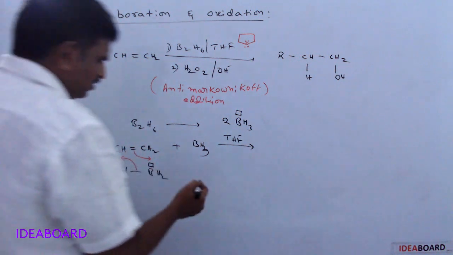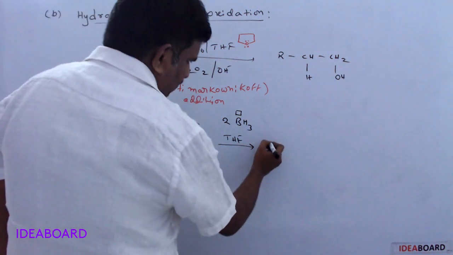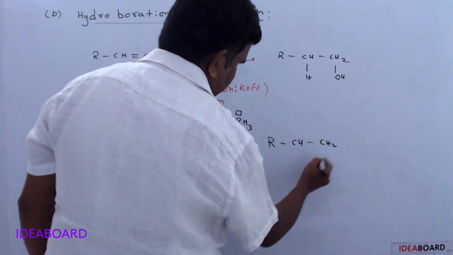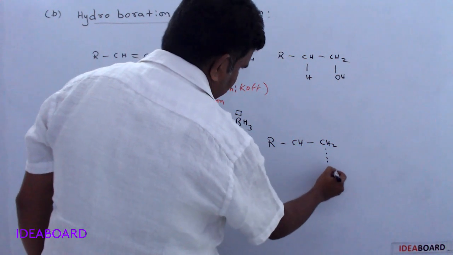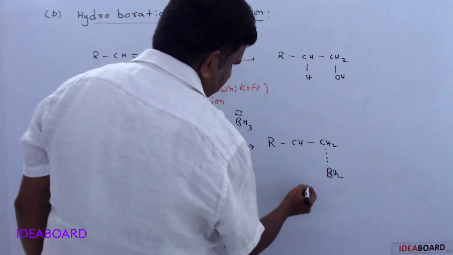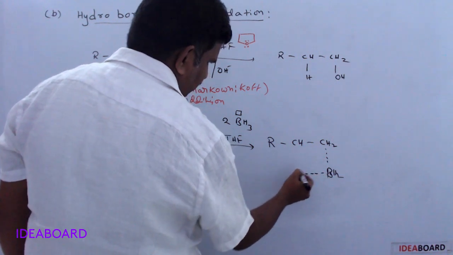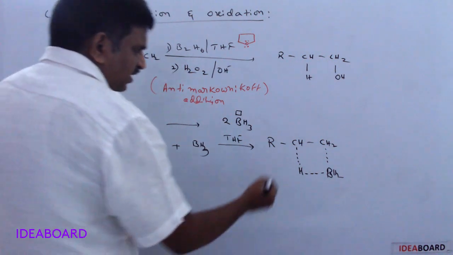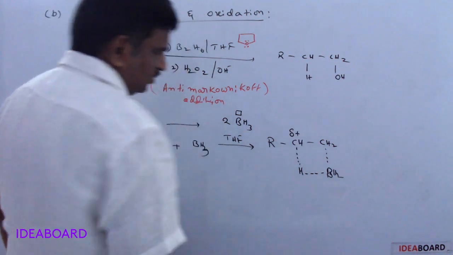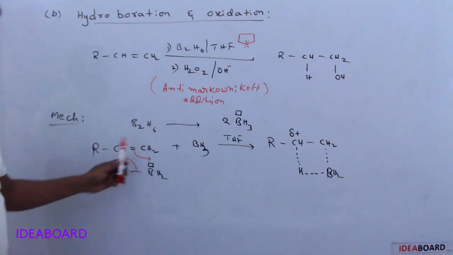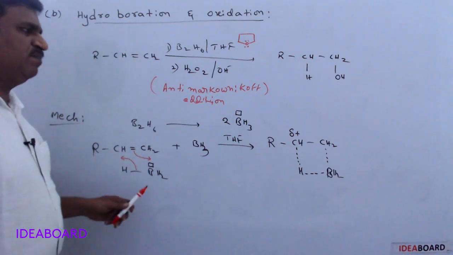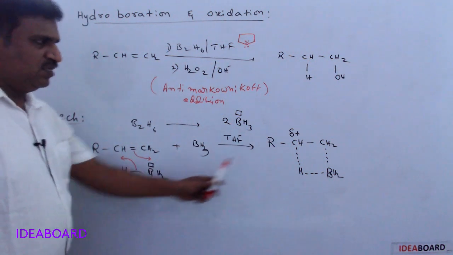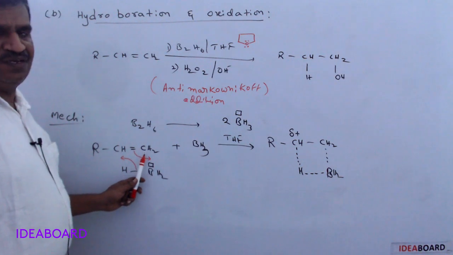Then it forms a cyclic intermediate, RCH single bond CH2 with BH2, where there is a bond rearrangement and a new bond formation. It looks like this has a positive charge. Of these two carbons, the one getting the positive charge is the secondary carbon, which is better; the other is a primary carbon.